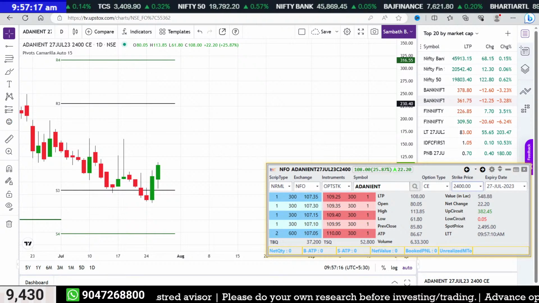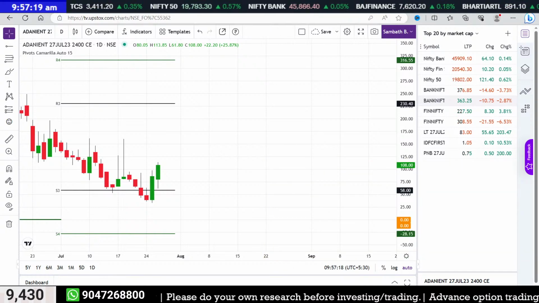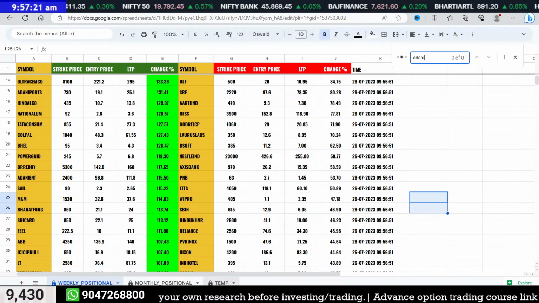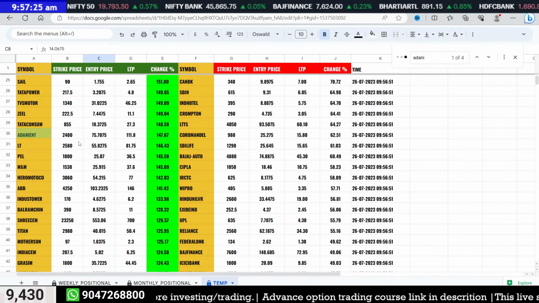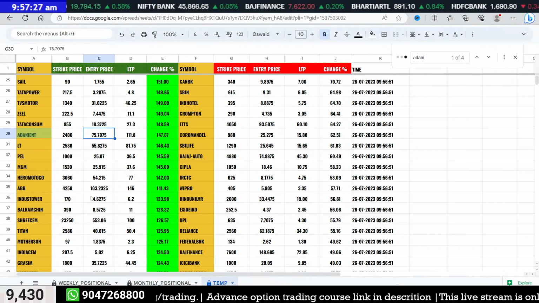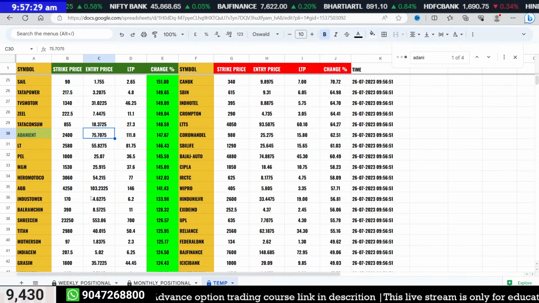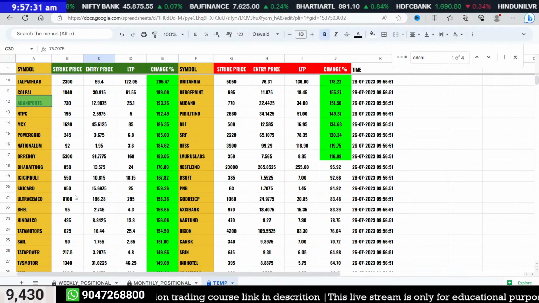It's about a weekly position. The same stock, if you are looking for a monthly, there's a difference. Maybe the stock will be here at the same 75, maybe yesterday's entry, and today it is about 111. So a positional one.